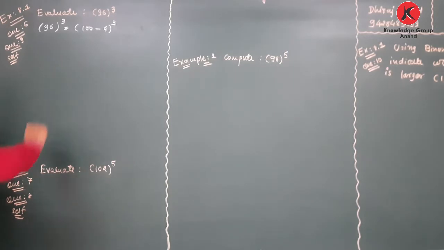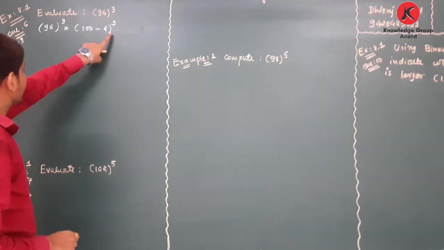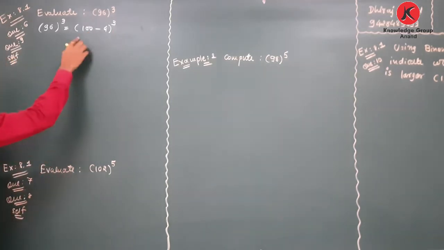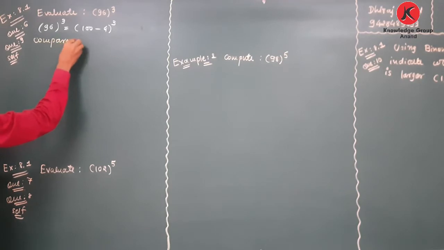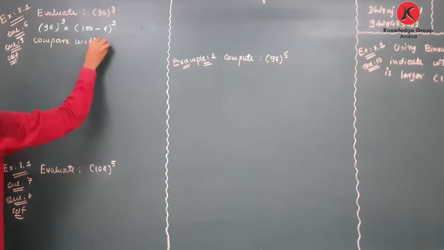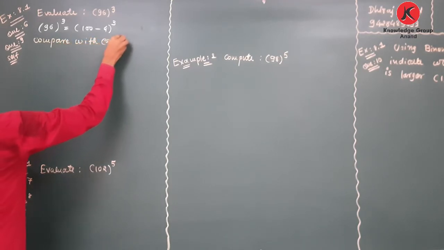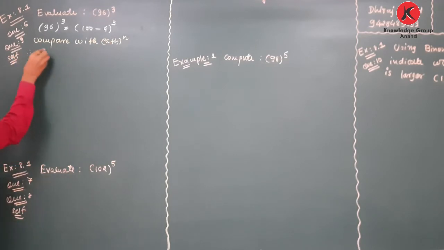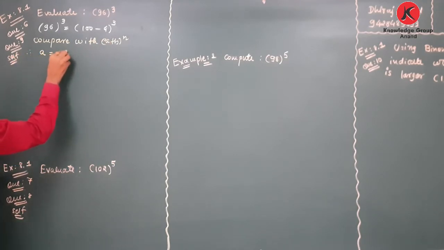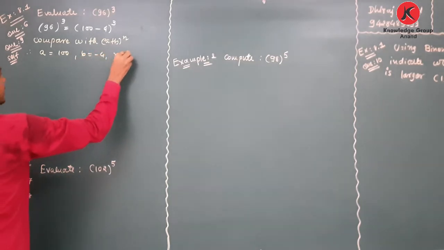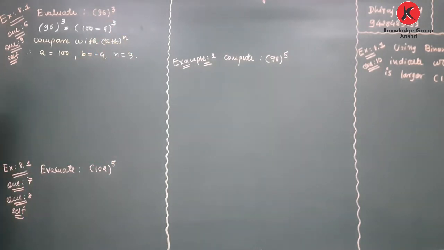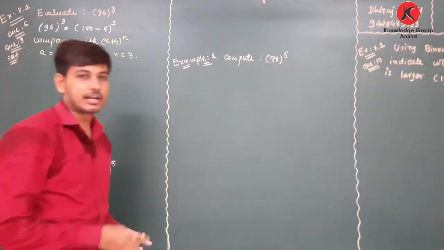First of all, we have to compare it with a plus b whole raised to n. Therefore I am getting a equals to 100, b equals to minus 4, and n equals to 3. Okay, a, b and n are ready.